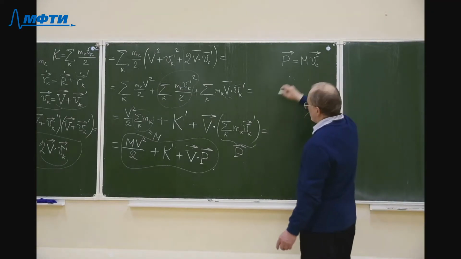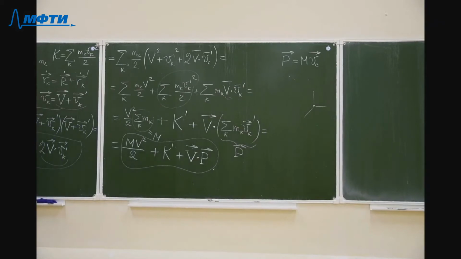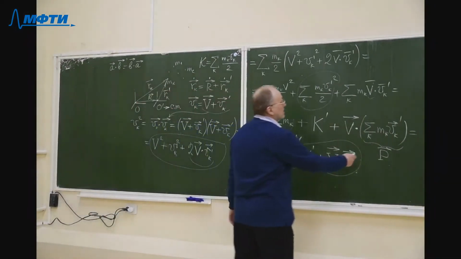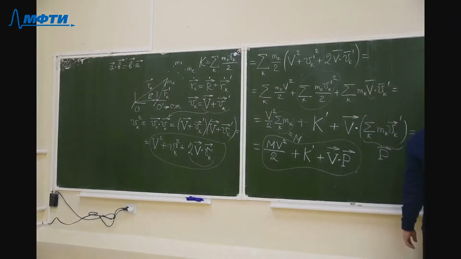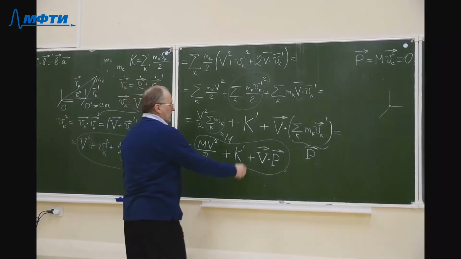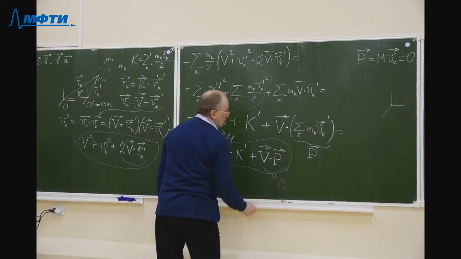So if we take the second reference frame coinciding with the center of mass of the system, then that momentum will be 0 by definition of the center of mass. So the second term here will be 0.